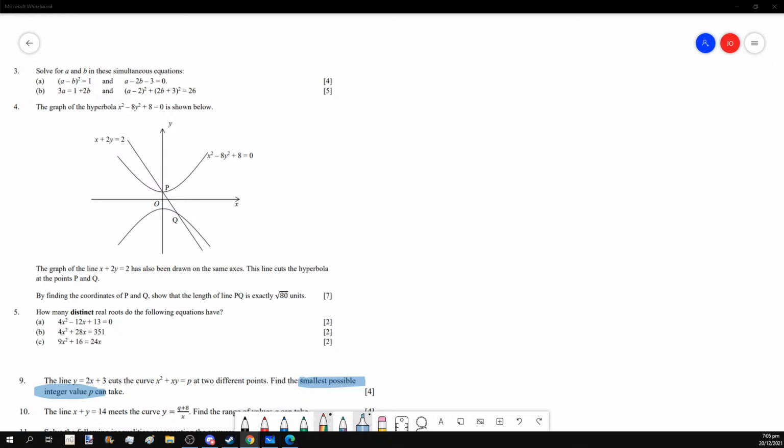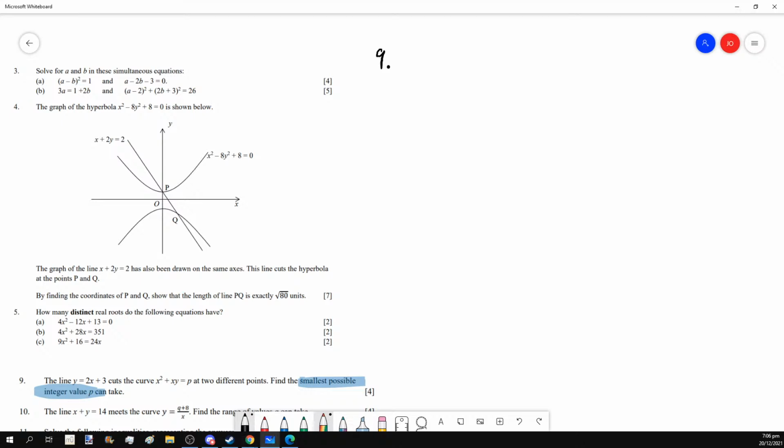So for question 9, I think it is obvious that due to the fact that we have a line and a very weird graph, we will simply be doing things in a graphical method, and that means we will start with simultaneous equations again. So we have y equals 2x plus 3, which is already suitable for substitution.